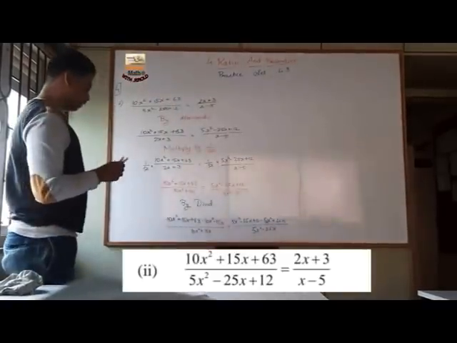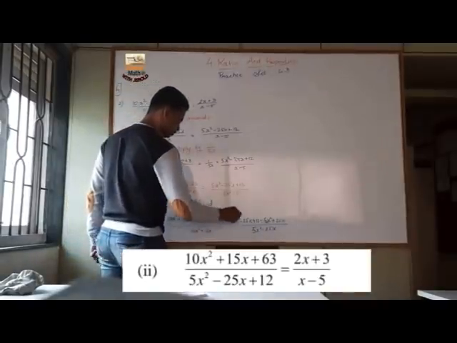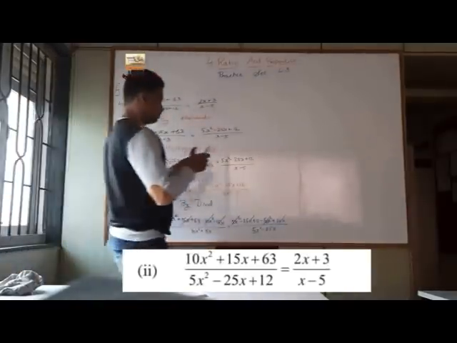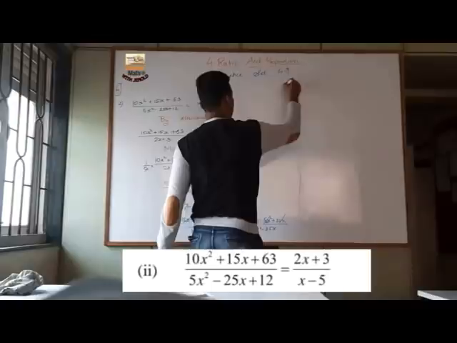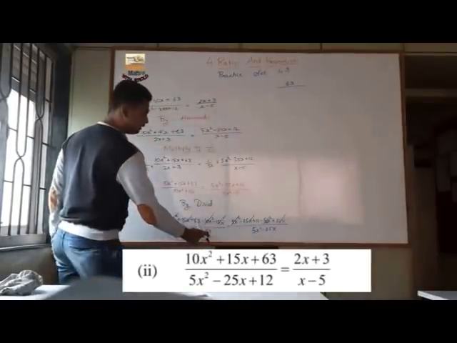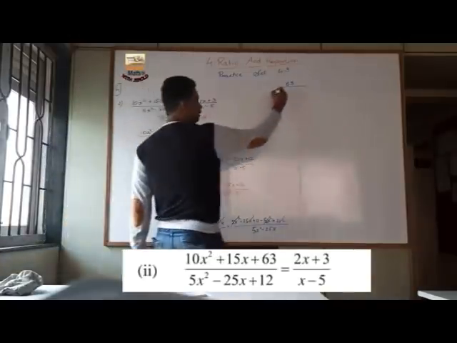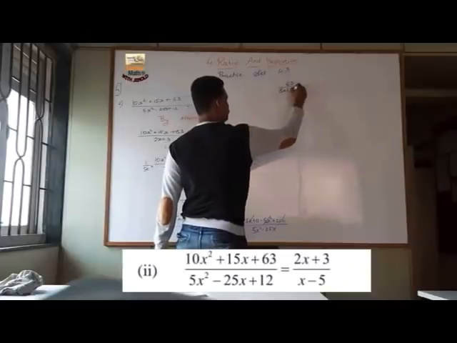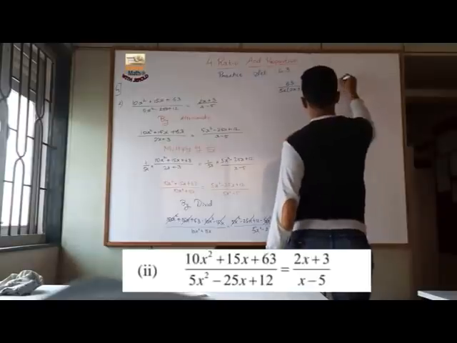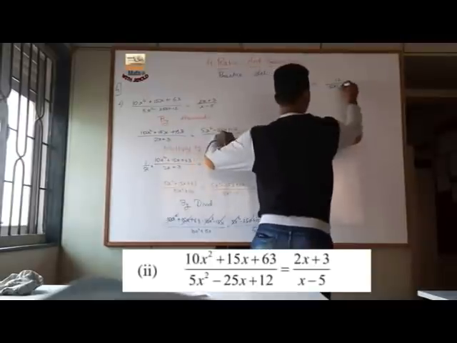This is what we got. Now cancelling all the equal numbers, I am left with 63 divided by, taking 5x common from this, 5x into 2x plus 3, is equal to 12 divided by 5x into x minus 5.